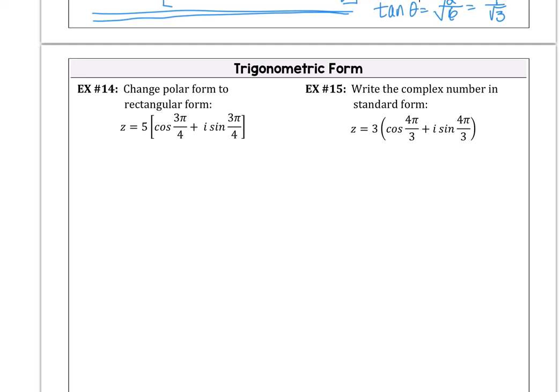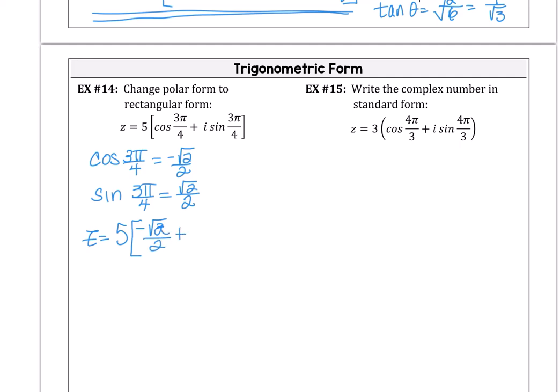What do we know? We know cosine of 3 pi over 4 is negative square root of 2 over 2. We know sine of 3 pi over 4 is positive square root of 2 over 2. So we can replace those expressions. 5 times the cosine of 3 pi over 4 plus i times the sine of 3 pi over 4.